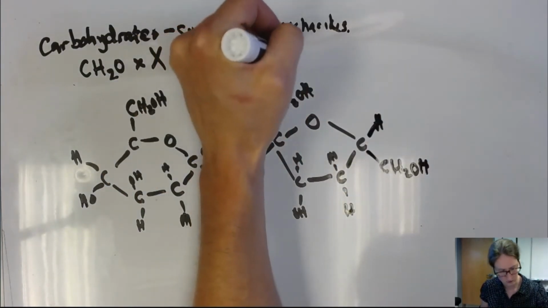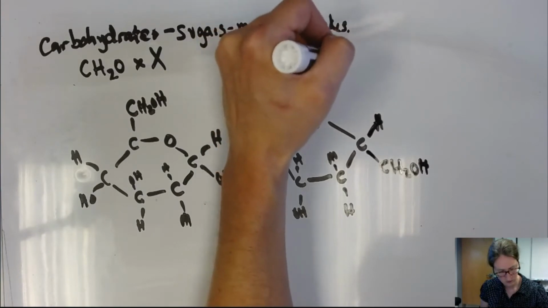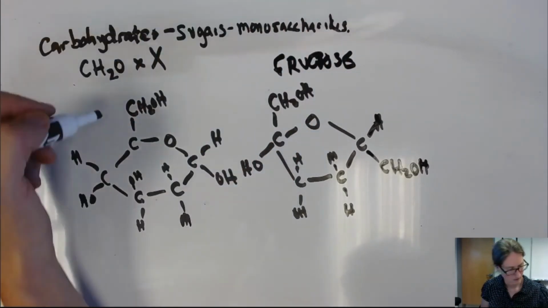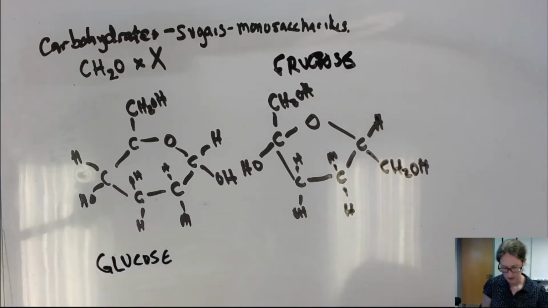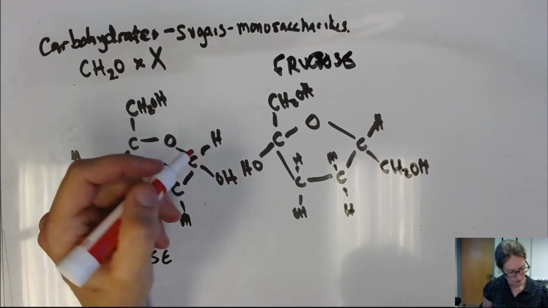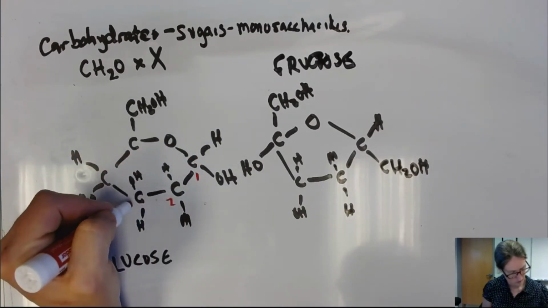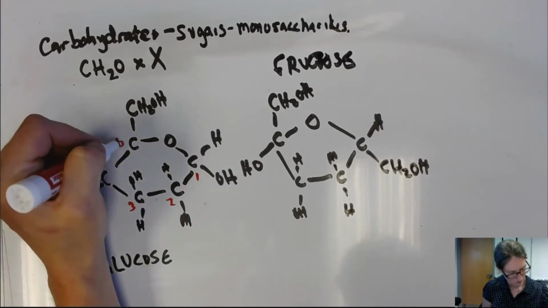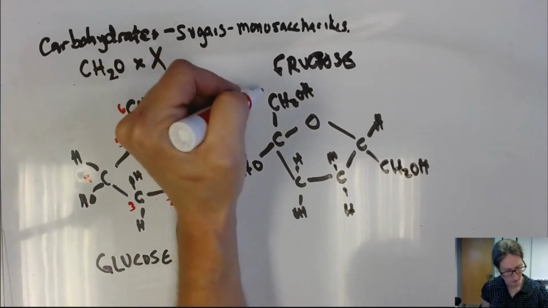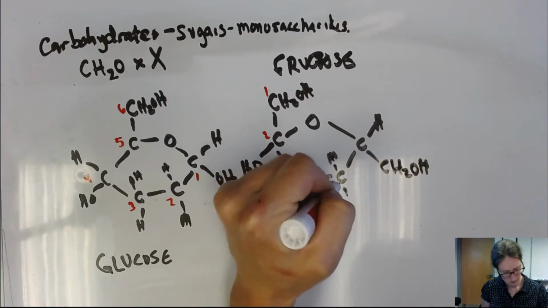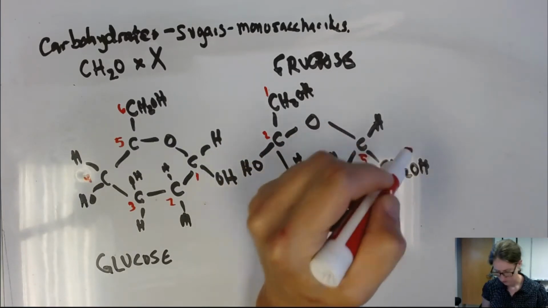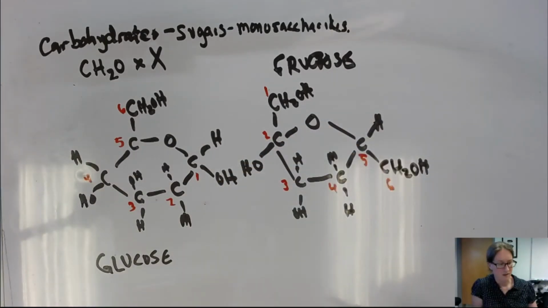So again, here's fructose, and here's glucose. And again, to keep ourselves oriented, carbon number 1 on glucose is here. And carbon number 1 on fructose is up here. Okay? So biologists like to give things fancy names.